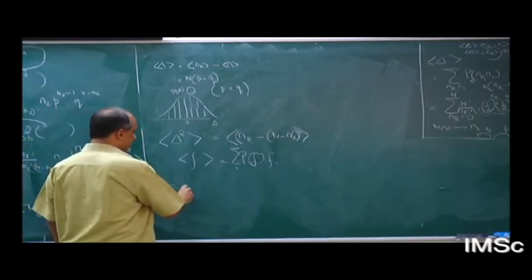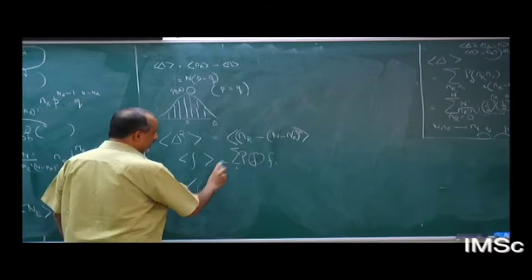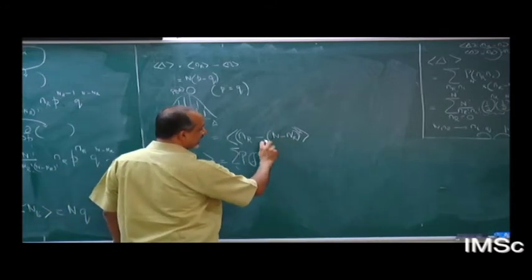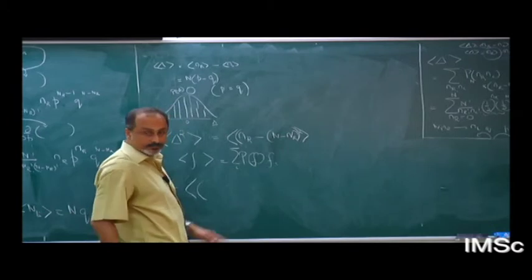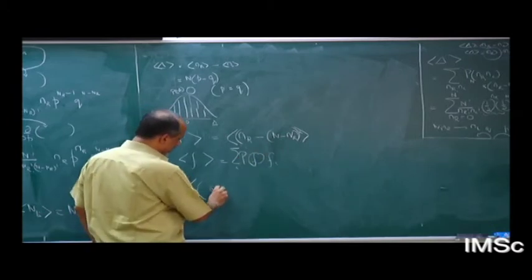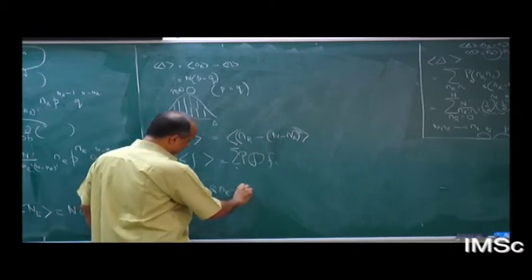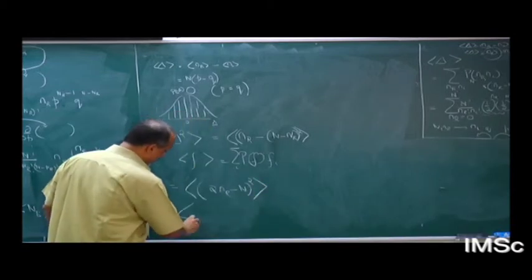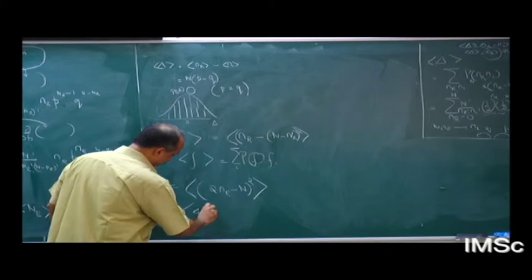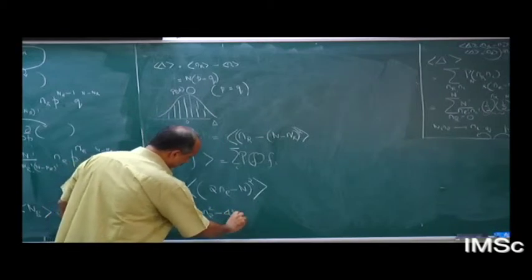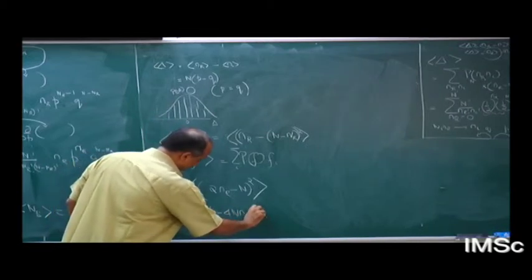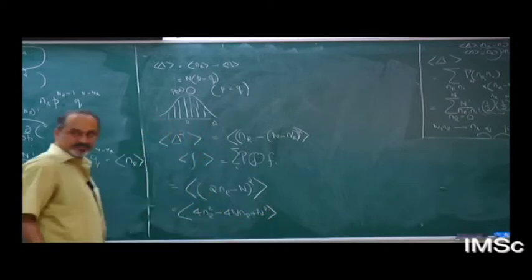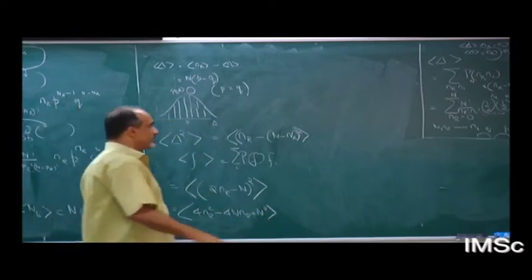So this quantity is average value of nr minus n plus nr, because the minus n goes through. So that is twice nr minus n, the whole square, and then average. This is the average of 4 nr squared minus 4 n nr plus n squared. Okay, it's just doing simple algebra on the board.